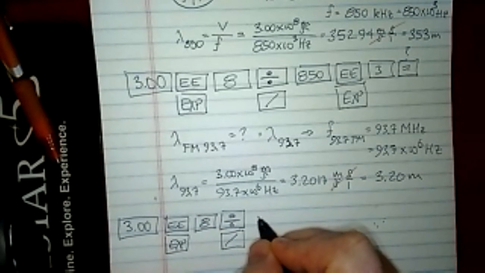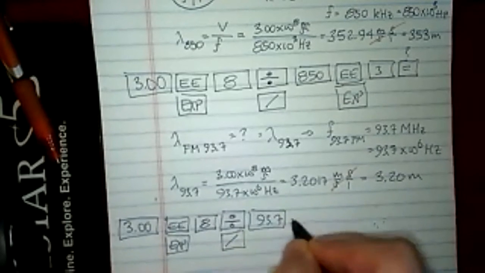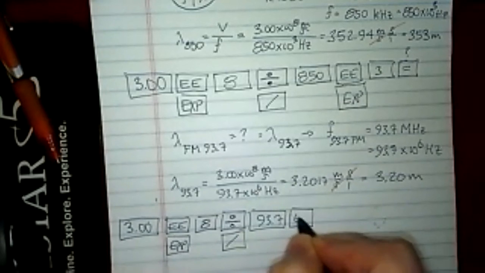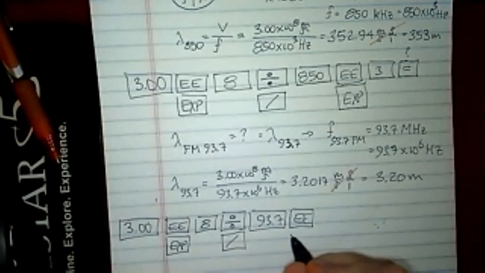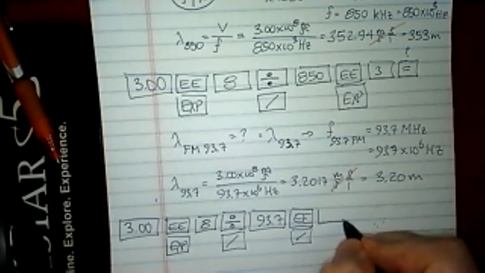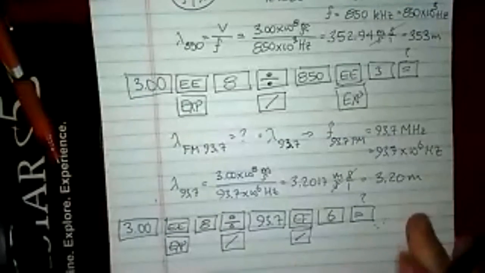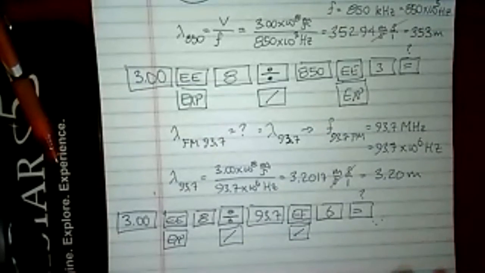And then we type in this case, 93.7. Again, EE or slash. And then in this case, we're going to type a 6 there instead of a 3. And again, we may or may not have to hit equals, so I'll put a question mark there. So that's how you go about doing those problems.